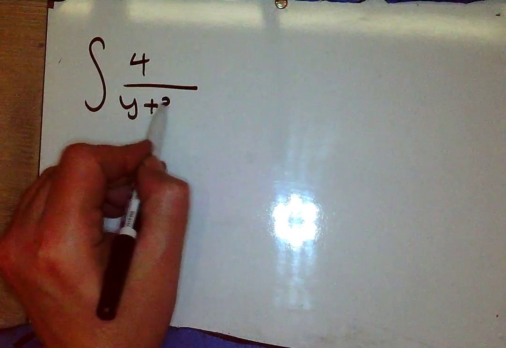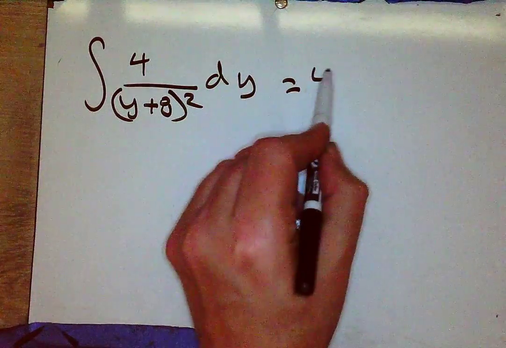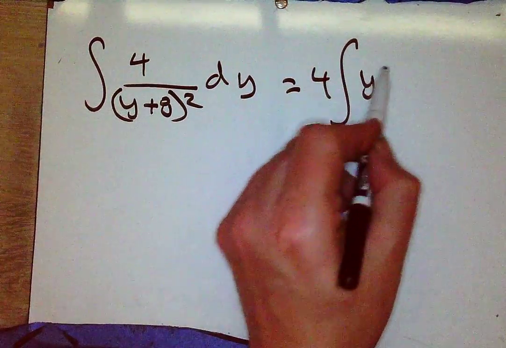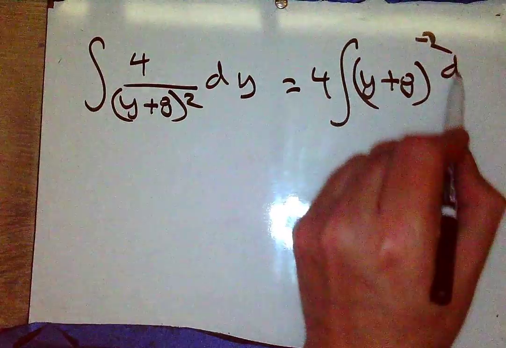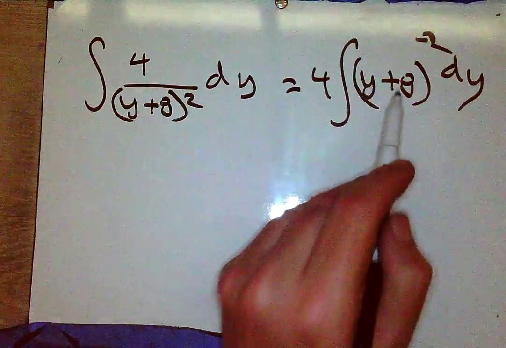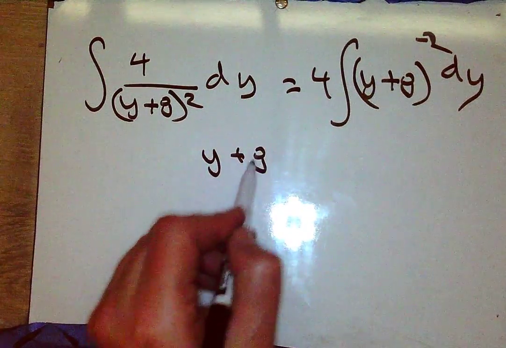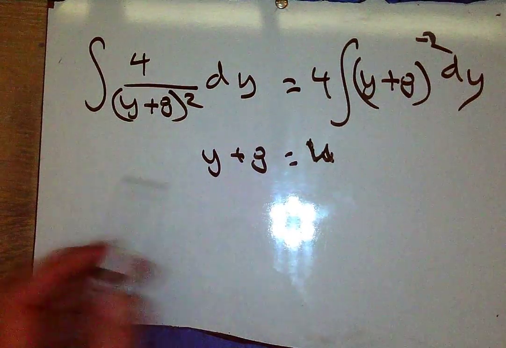And this last one, the integral of 4 over y plus 8 squared dy. I'll pull out the constant and rewrite this with a negative exponent. Whose derivative am I? Well, if you're not sure, remember, you can always say that this equals u.